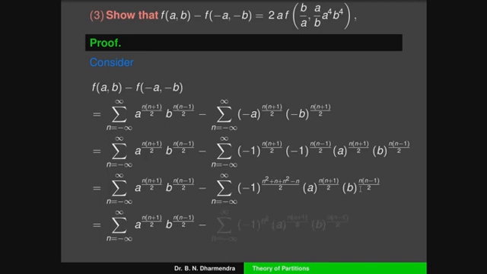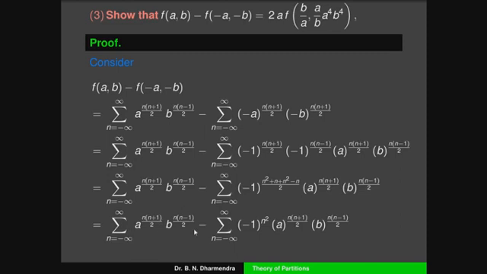So therefore it will appear in some terms. The first one is unaltered, minus the second term, n from minus infinity to plus infinity minus 1 to the power of n square into a to the power of n into n plus 1 by 2 into b to the power of n into n minus 1 by 2. Okay, both the series run from minus infinity to plus infinity, and also the common term here is a to the power of n into n plus 1 by 2 and b to the power of n into n minus 1 by 2.